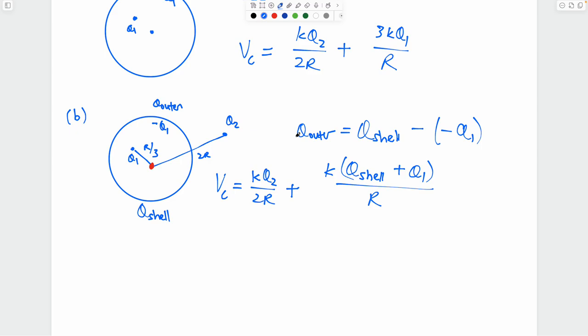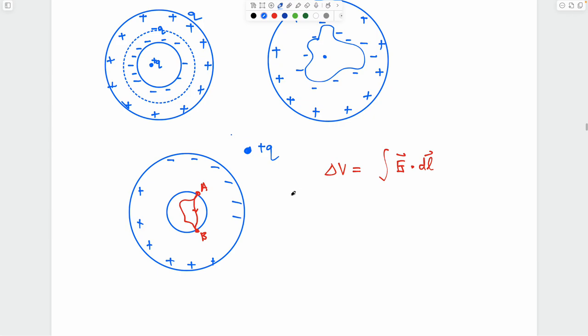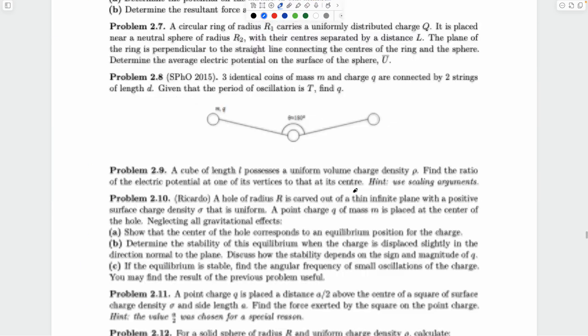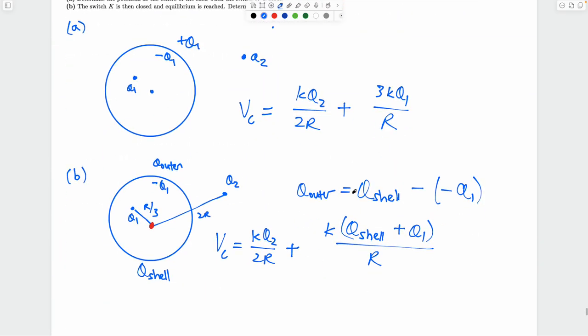If you recall just now about the electrostatic shielding, we talked about how the external charge distribution would arrange itself such that the field is zero inside the cavity, which basically just means that if we are considering the outer surface charge and Q2, then it will result in no electric field within this region, right?